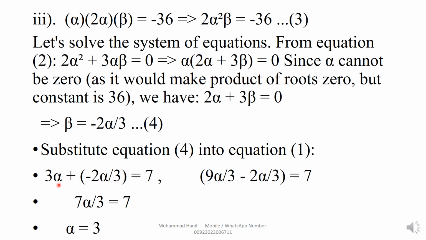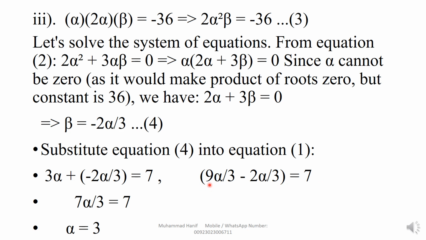Now we simplify. You can see here is a denominator, so we simplify by cross multiplication. You get 9 alpha divided by 3 plus minus 2 alpha divided by 3 equal to 7.